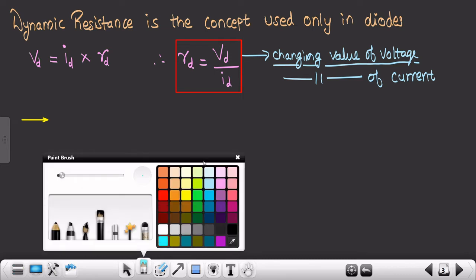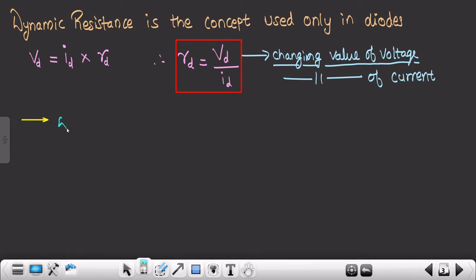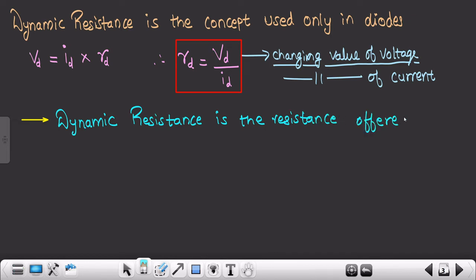So let me write over here: dynamic resistance is the resistance offered by the PN junction diode when AC voltage is applied, right?